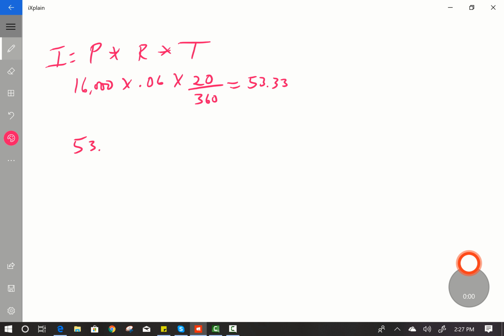I'm going to subtract that $53.33 from the first partial payment of $2,000. So I'll be able to credit their account and give them credit for $1946.67.